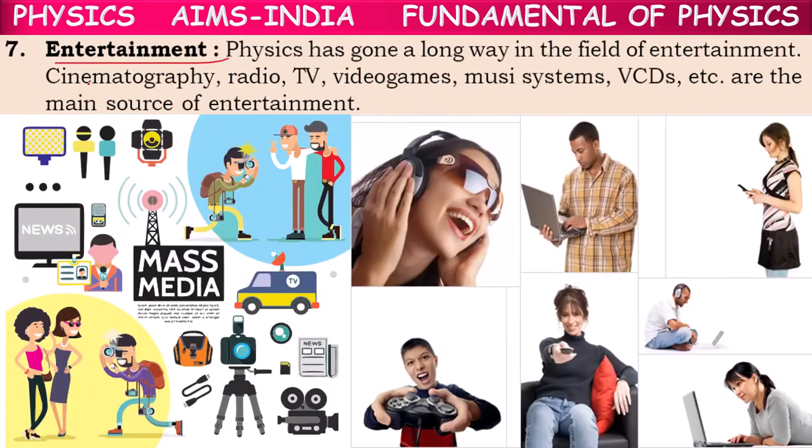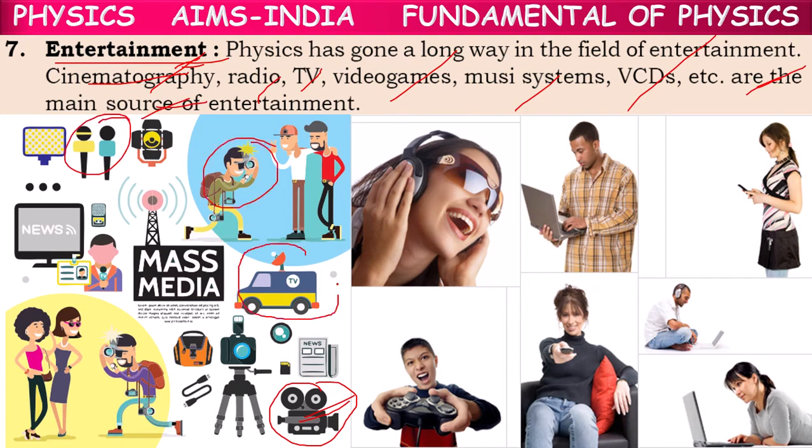Next, in the field of entertainment also, cinematography. With the help of video camera, we are shooting the cinema, radio, TV, video games, music systems, VCDs. These are all sources or machines developed by the physicists, like mics, camera.